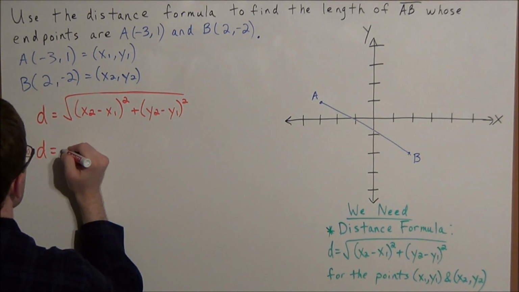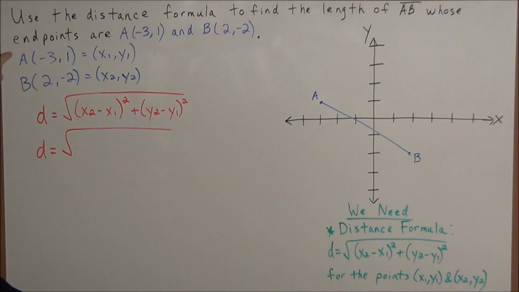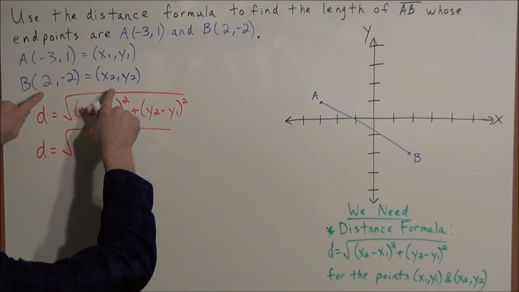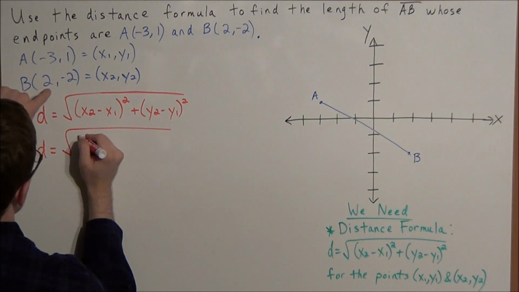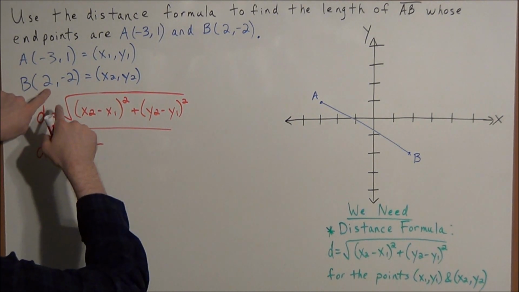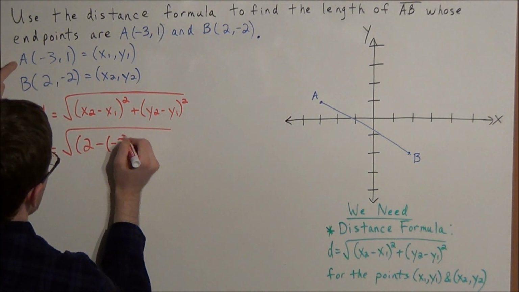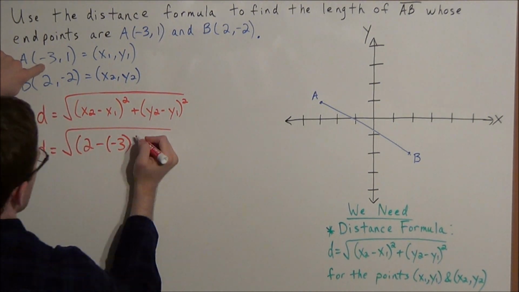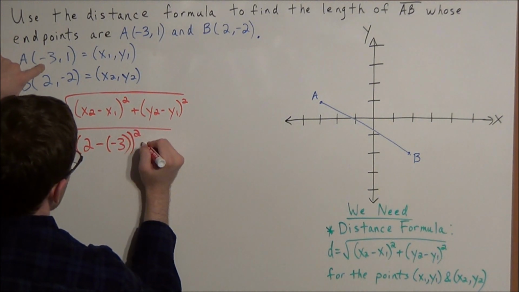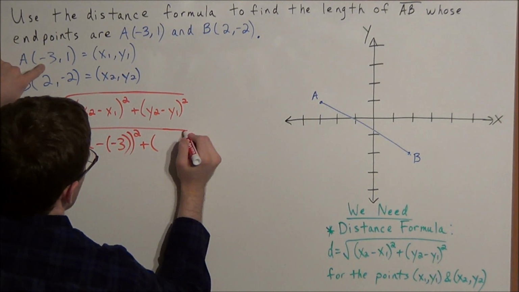We designated point B to be our (x2, y2), so we substitute x2, which is 2, minus the x-coordinate of point A. So 2 minus -3. All we're doing is subtracting their x-coordinates, and whatever we get here, we're going to square it. And then we're going to add (y2 minus y1) squared.